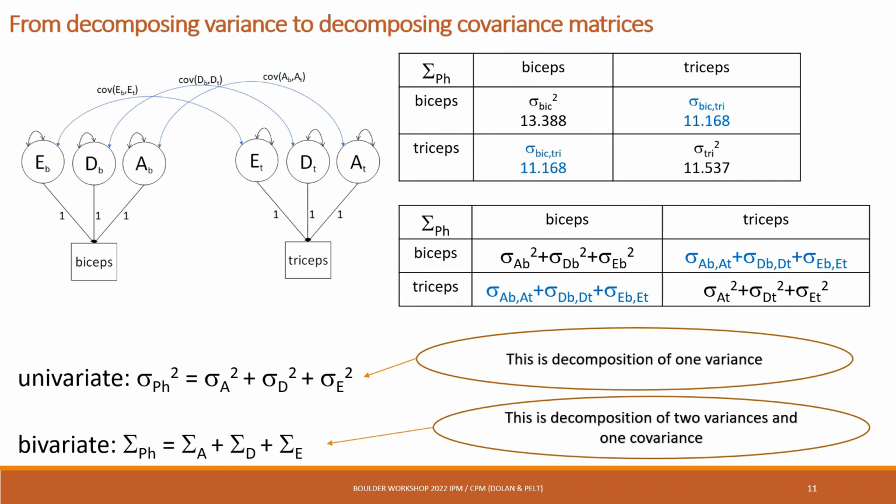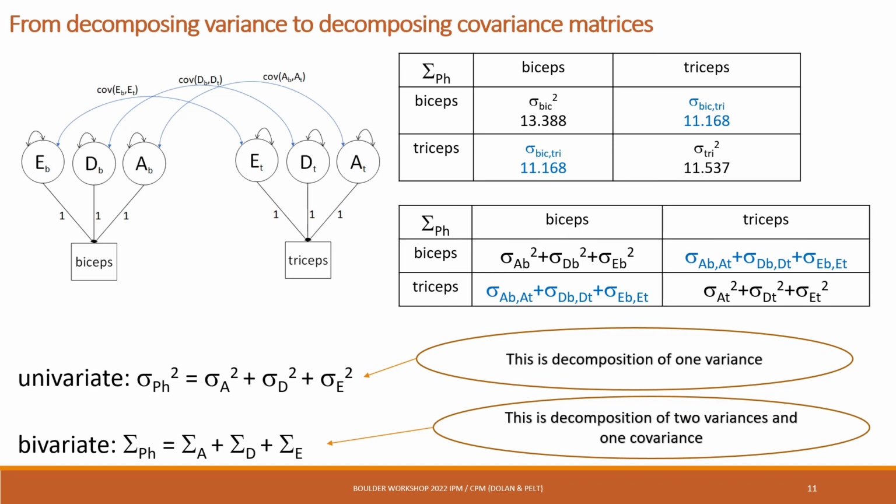Okay, so what you see here in the path diagram is the model that we actually want to fit using variance components. Biceps and triceps co-vary, and we assume that they co-vary because the E effects on biceps are correlated with the E effects on triceps.